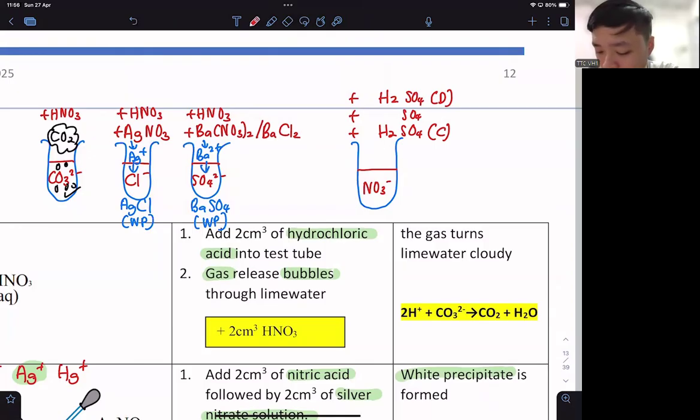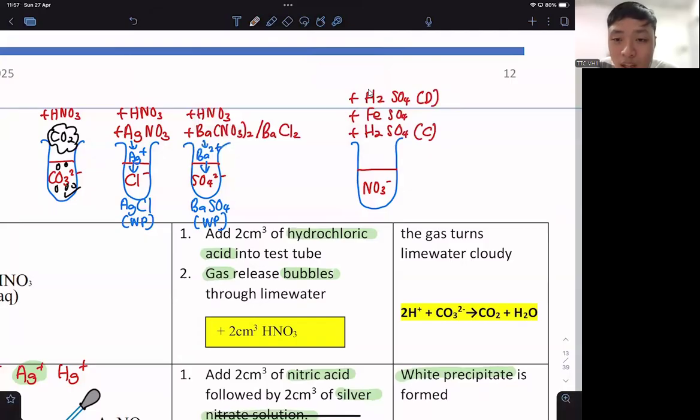The other one is FeSO4, the iron 2 sulfate. So you add dilute H2SO4, FeSO4, then concentrated H2SO4. Three things you have to add.